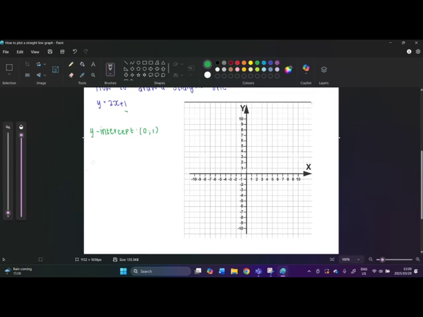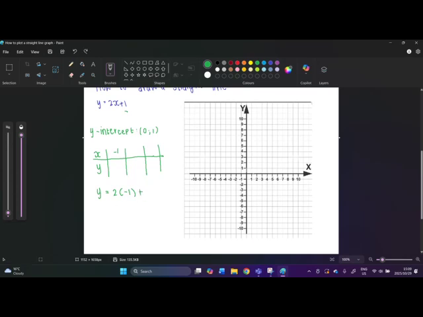Okay, so now in order to find some points that we can plot, I like to draw a little table and put in points. When x is -1, y becomes, so how do we do this? We just substitute x in. I want to know when x is -1, what is y?